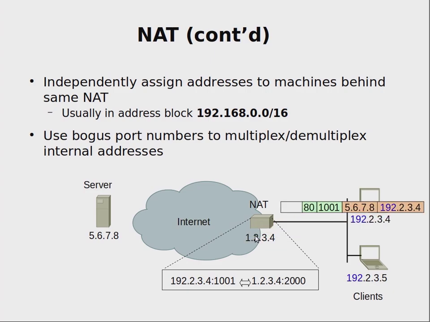Because this device needs to remember these tables, how internal addresses and port numbers should be translated to public IP addresses, and this memory is not infinite, sooner or later it may happen that the response does not go back to your device, because the translation table is full.